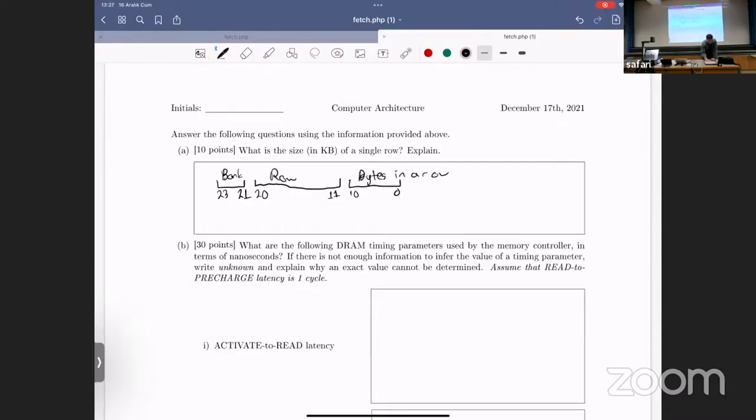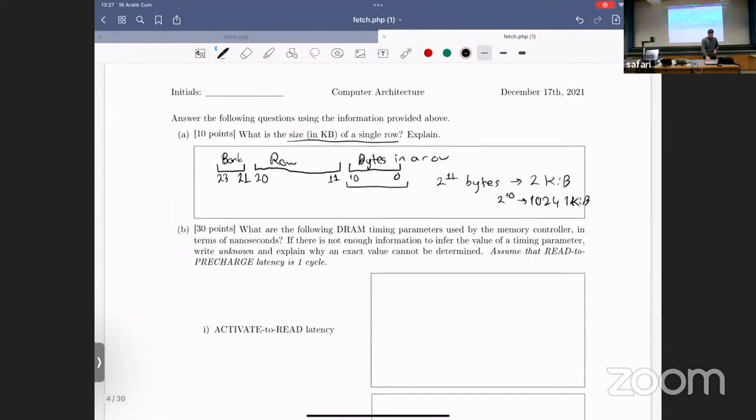We will find the size of a single row from this. That is 2 to the 11 bytes, because there are 11 bits left to address the bytes in a row. Is this clear enough? That is also 2 kilobytes, because 2 to the power of 10 is 1,024, which is 1 kilobyte, and this is 2 to the power of 11, so multiply it by 2.